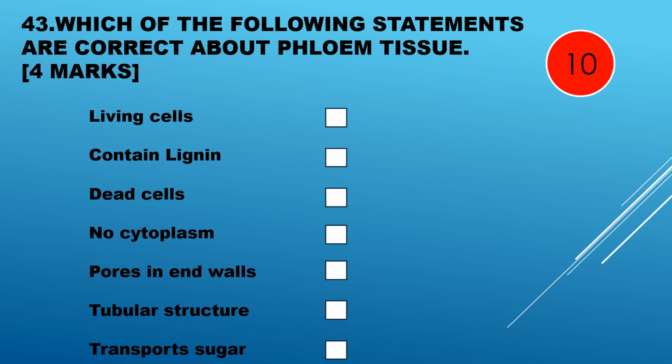Question 43. Which of the following statements are correct about phloem tissue? Are they living cells, contain lignin, dead cells, no cytoplasm, pores in the end walls, tubular structure, transport sugar? Phloem are made of living cells, they have pores in the end walls, they are tubular in structure, and they transport sugar.